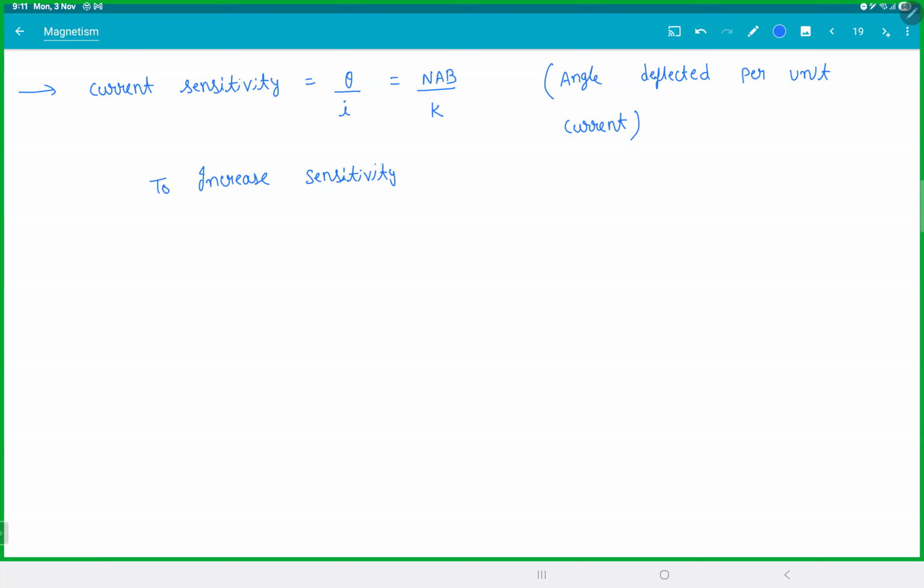If you use thin wire, you can put more turns. Right? NAB should increase. But if you use thin wire, you have more resistance. I squared R, that means you can produce more heat, the wire will burn up easily. You're getting the problem. So it is like a sacrifice. You want it to be very sensitive, but if you try to send more current, it burns up.